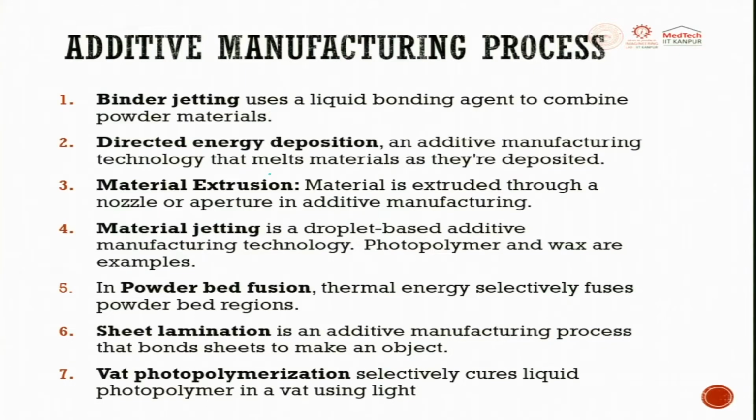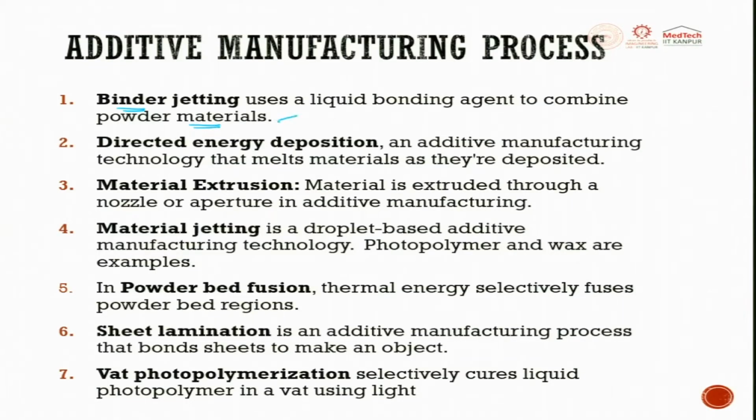So, I have just given a very brief explanation of whatever I have told till now. Binder jetting uses a liquid bonding agent. Binder means an adhesive. So, you play with the property of the adhesive. Viscosity is controlled and then you drop it at the place where you want the material to join, an agent to combine the powder.